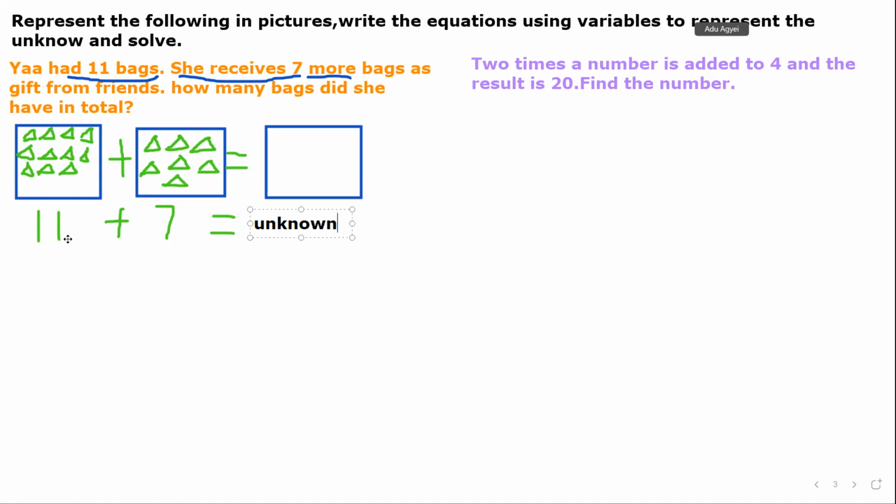Now let's choose a letter to represent the unknown. So let the unknown equal any letter that you want. Letter P. Okay, good.